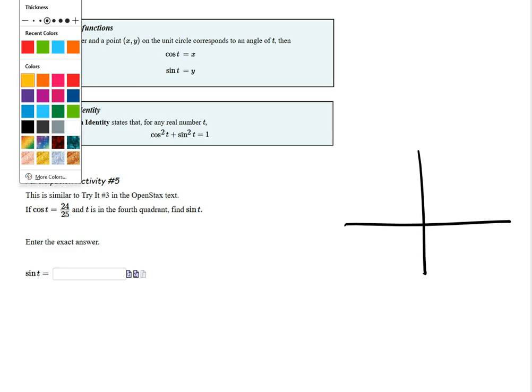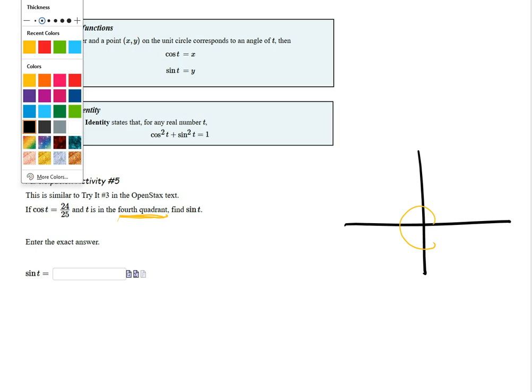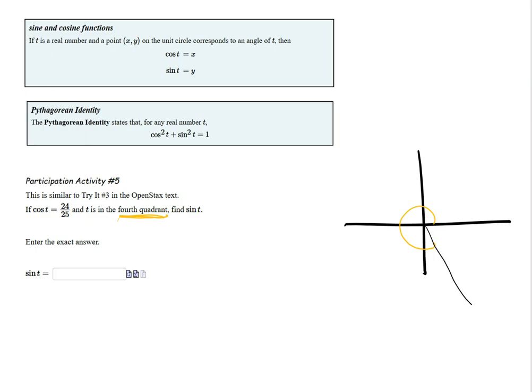It's in the 4th quadrant, so the terminal side goes somewhere over here. I need to draw the triangle to the x-axis to get that 90-degree angle in there. And remember that this is x, and this is y, and this is 1 unit.